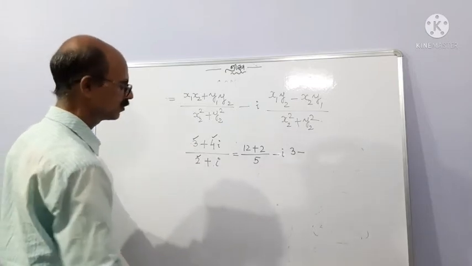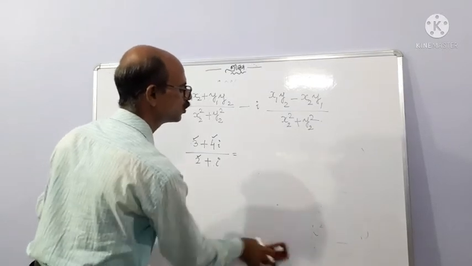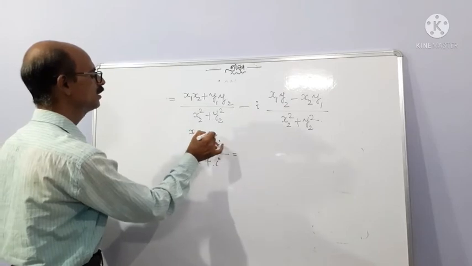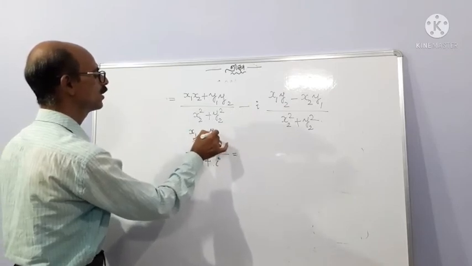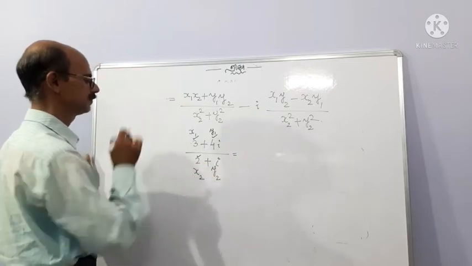I made a small mistake. This is our x1, this is y1, this is x2, this is y2.